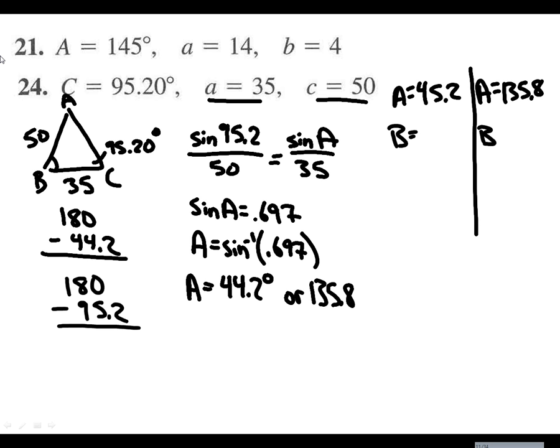And if we do that, we end up with 84.8, and then we go ahead and subtract 45.2 from this one, and we end up with 40.6. That's not right. I made a mistake somewhere.